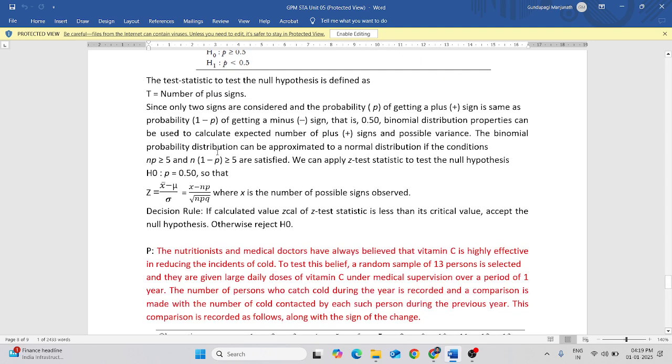Here we are applying the Z statistic only. So the null hypothesis is stated as p equals 0.50. The Z statistic is x mean minus mu divided by the standard deviation, which can be written as x minus np divided by the square root of npq, where x is the number of positive signs observed.